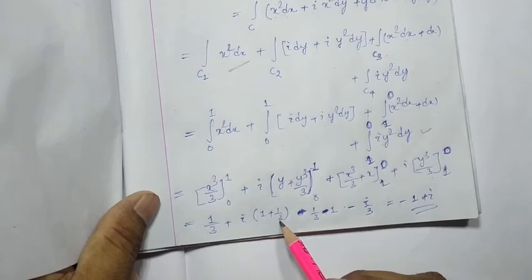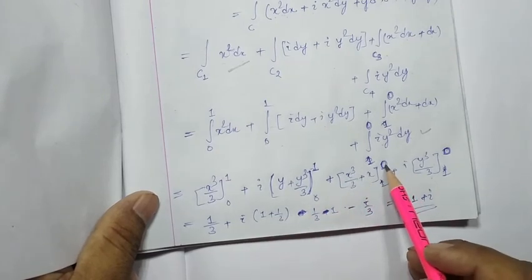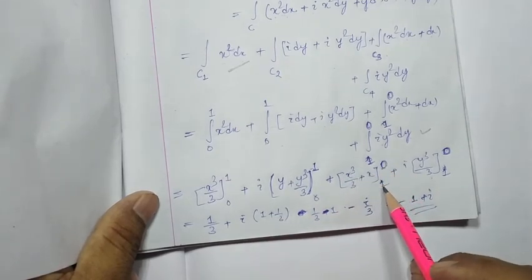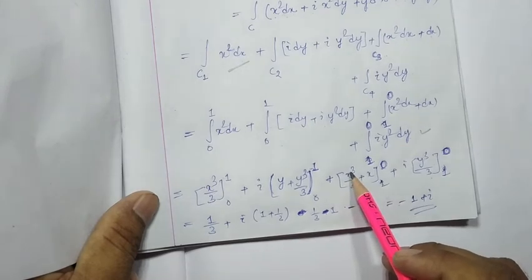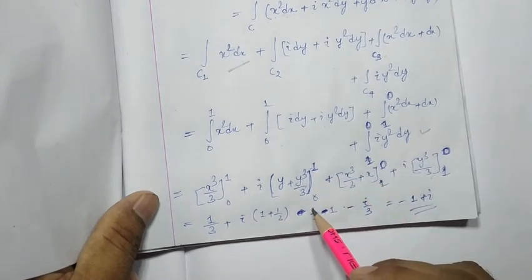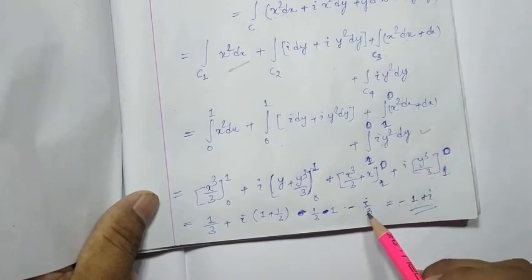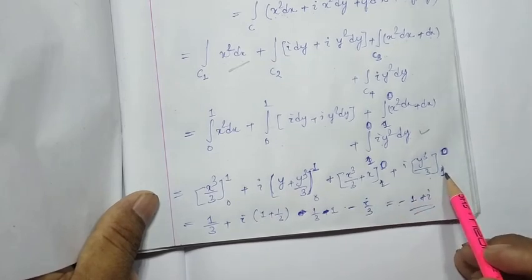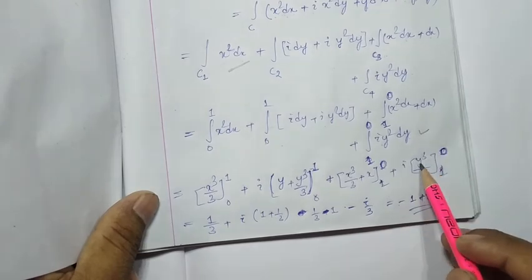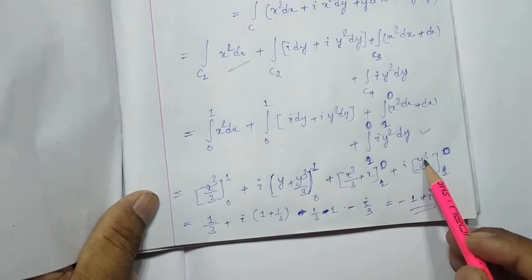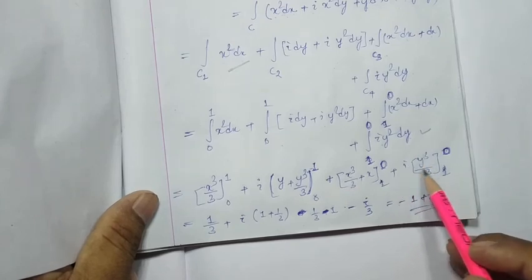Okay, 1 by 3, and for the lower limit 0 it is 0, and putting minus 1 it will be minus 1 by 3 minus 1. This will also be minus i by 3 by substituting the lower limit, because you put 0 it will be 0, minus 1 we put means it will be 1, minus 1 by 3, so minus i by 3.